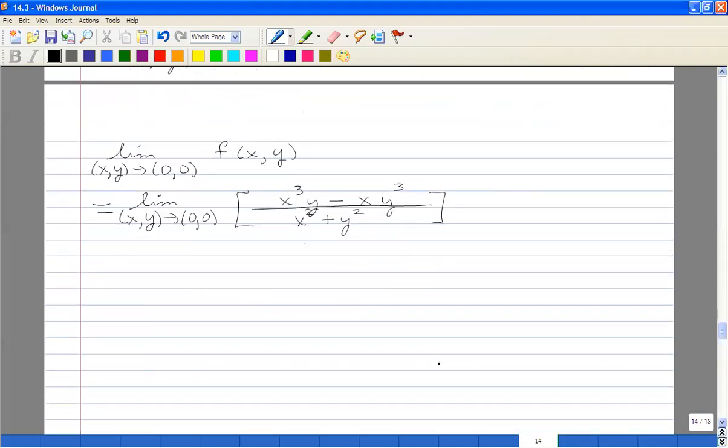And let's just look at polar coordinates. So let's change this into polar coordinates.